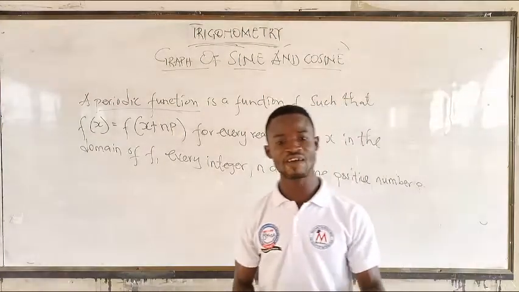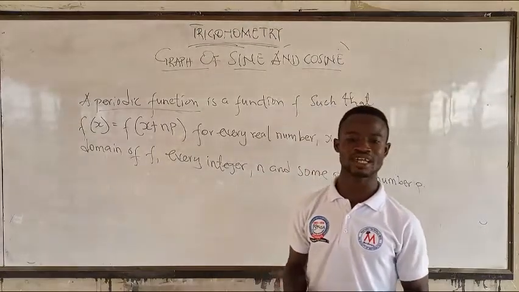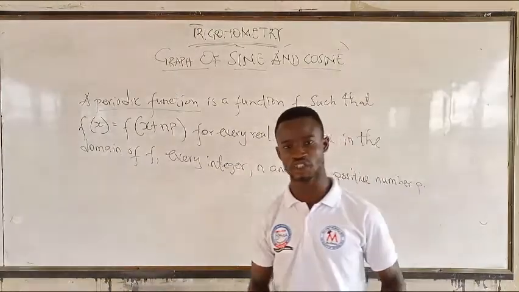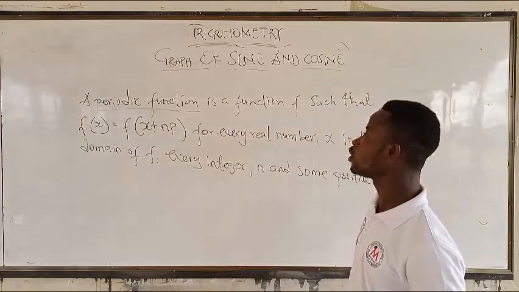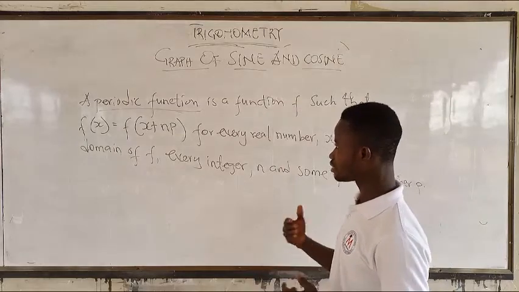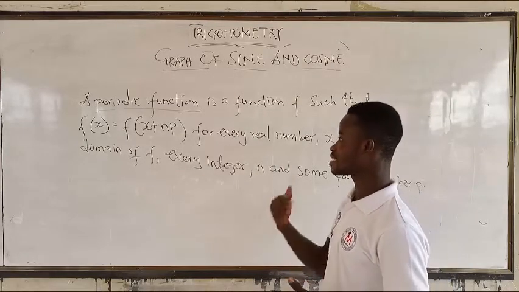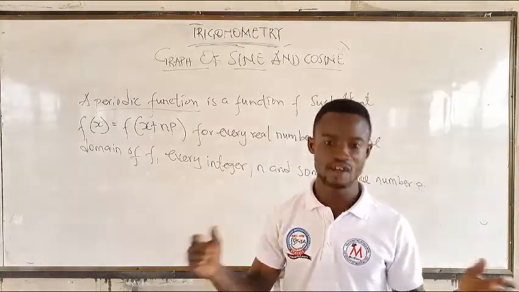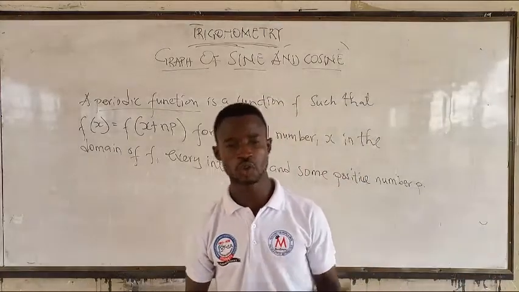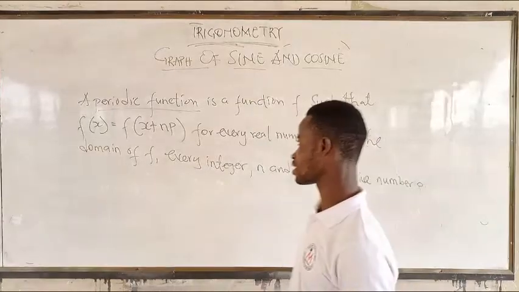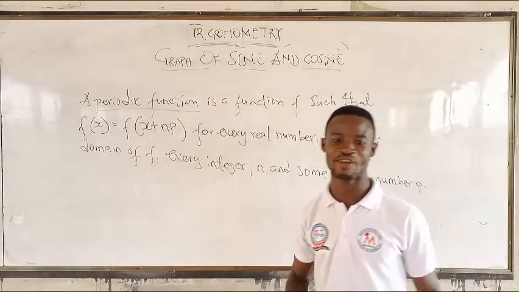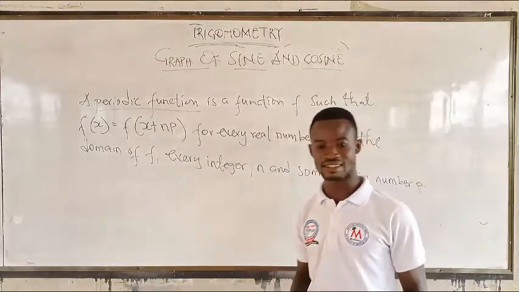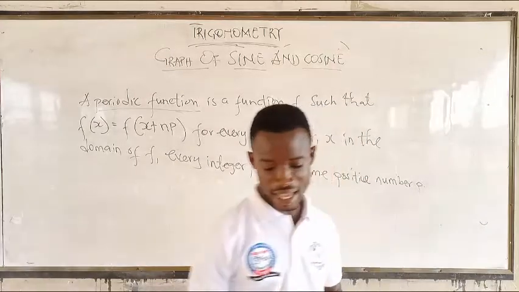Very good. Therefore, the sine and cosine functions are periodic functions of 2 pi. So don't forget that the sine and cosine functions are periodic functions of 2 pi. That means that the period, okay, I don't want to use that word for now. Alright, so that's that.